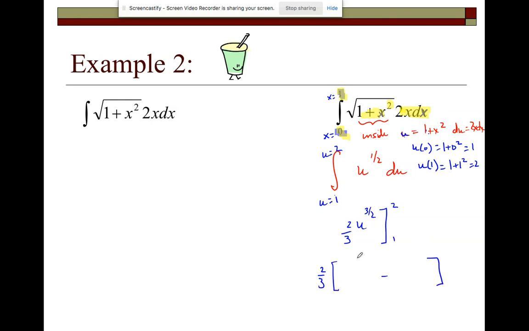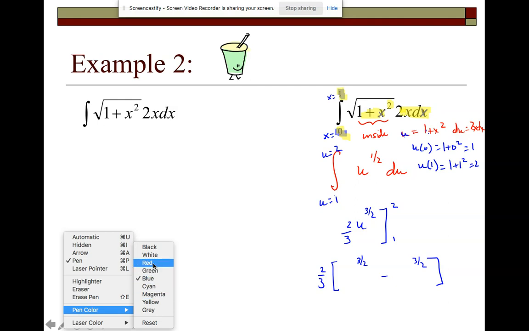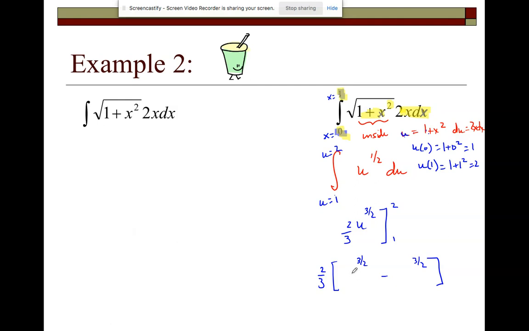So I have 2 to the 3 halves and 1 to the 3 halves. 2 to the 3 halves is the square root of 2 cubed. And 1, of course, is 1, times 2/3. I think I'll just leave my answer like that since it's not an integer. Done and done.